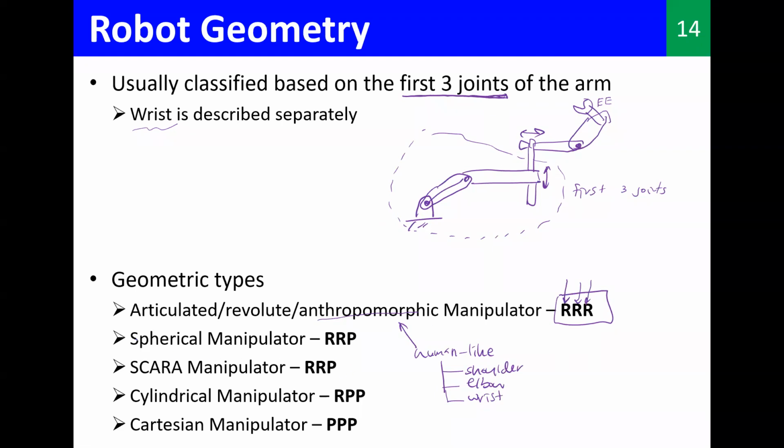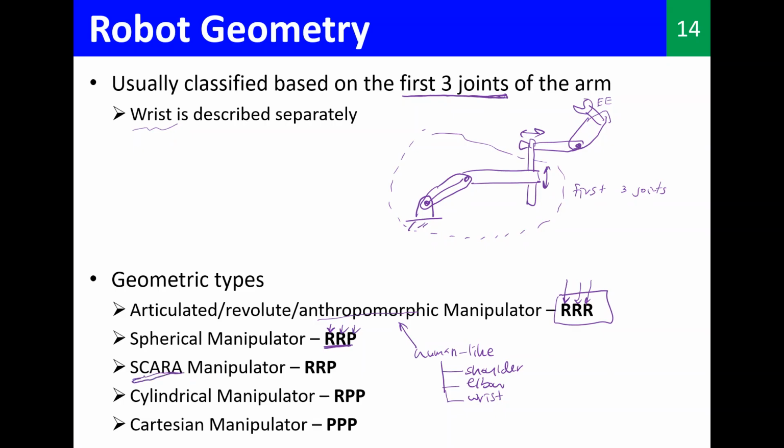And then we have the spherical manipulator, and here you can see it is RRP. So when I say RRP, you understand that first we have revolute joints, and then a prismatic joint. Then the third type is called the SCARA manipulator.